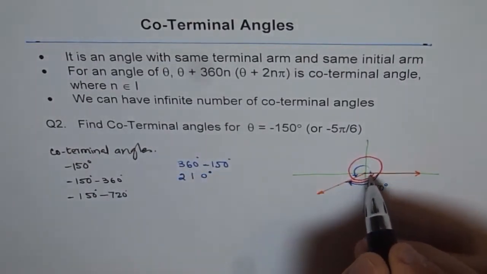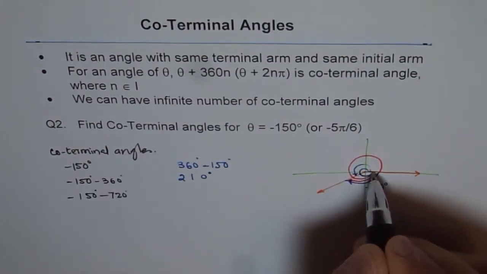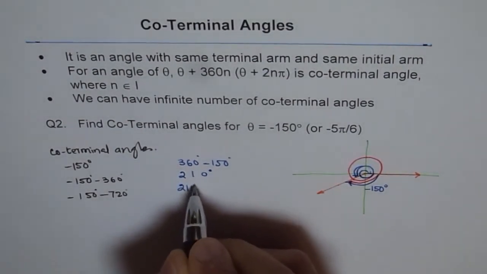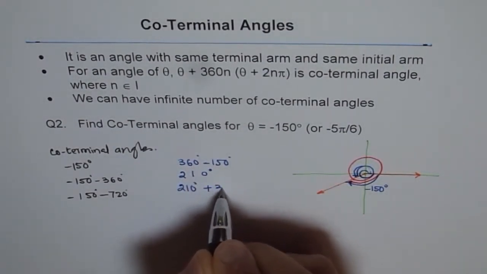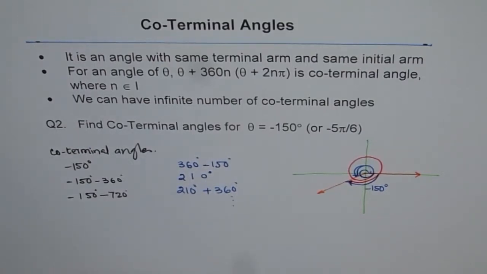Now the next could be, we can go one full circle. We can come like this and then go back like this. Do you see that? So the next could be 210 degrees plus 360 degrees, right? So like this we can continue our series, and all those will be coterminal angles for theta equals minus 150 degrees, correct? So this is how we are going to get all our answers.